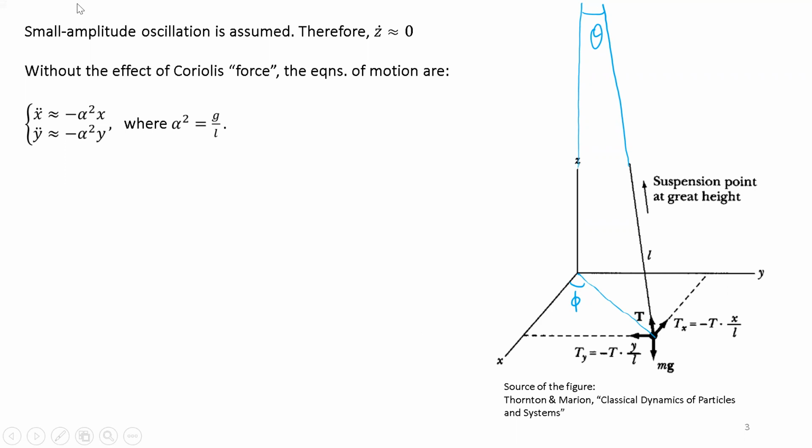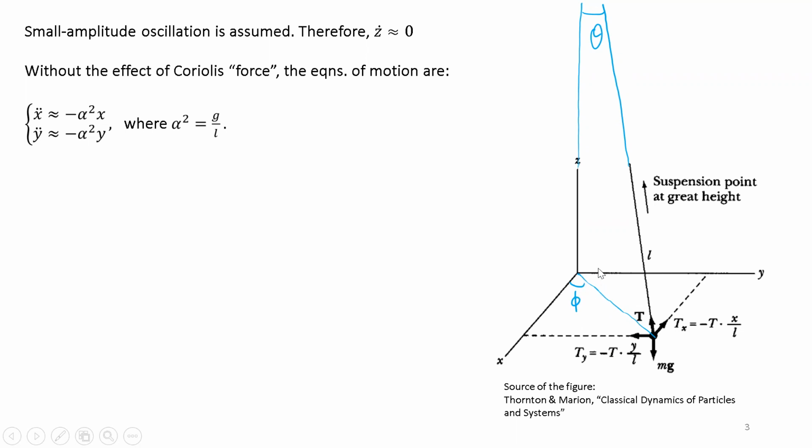Okay, so equations of motion. The approximation here is that I'm still making the small angle approximation, but because this L is very long, the displacement might not be that small.